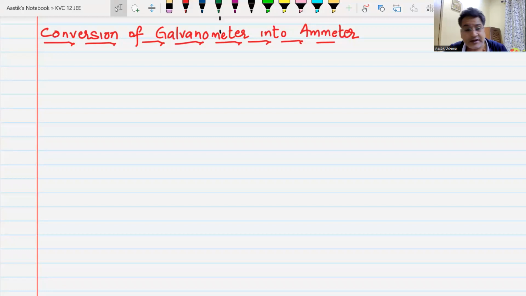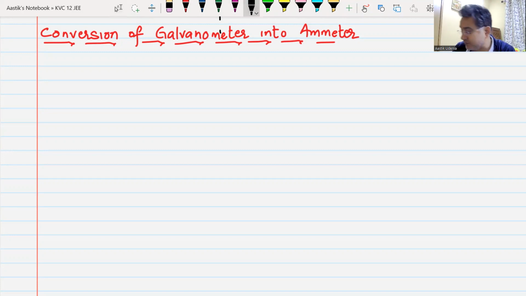Anyways, conversion of a galvanometer into an ammeter. Now you must understand that this ammeter is actually not an ammeter in itself. It is basically a galvanometer. So the only device that we have is a galvanometer. That galvanometer is actually getting converted into an ammeter.